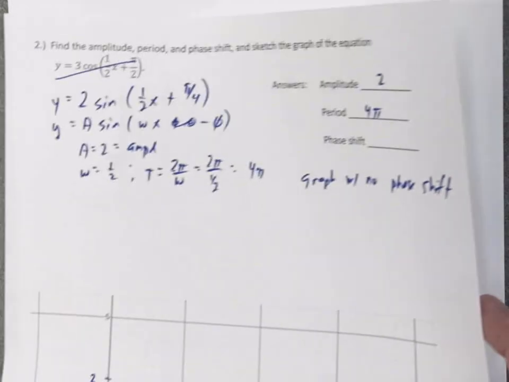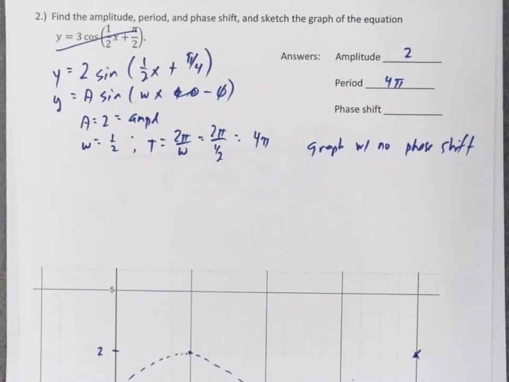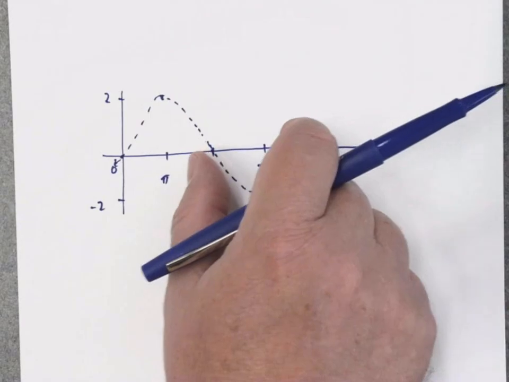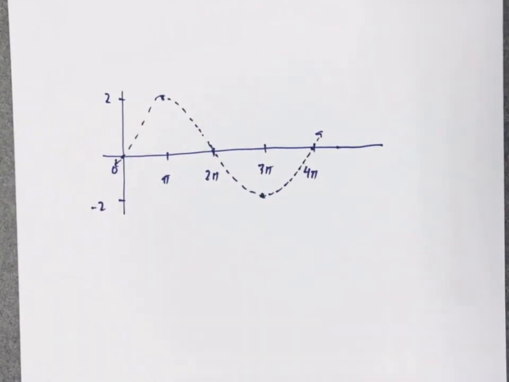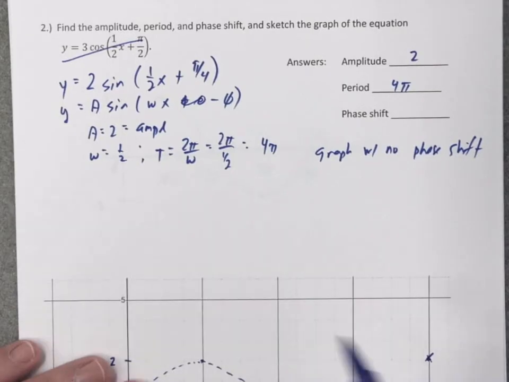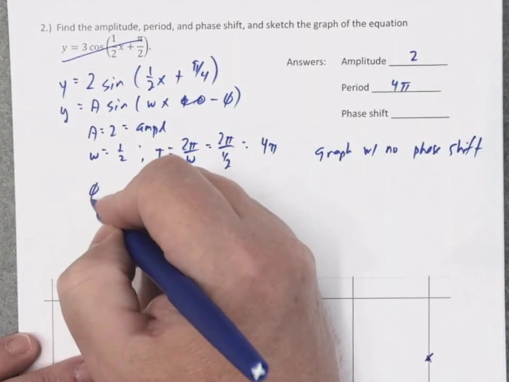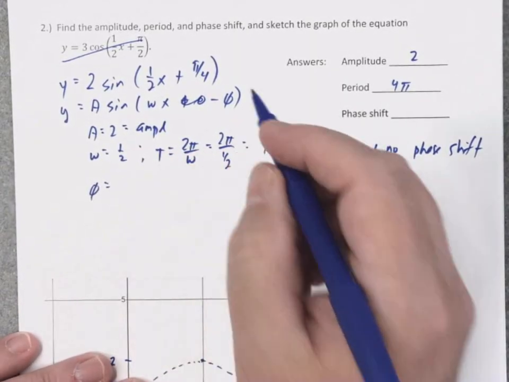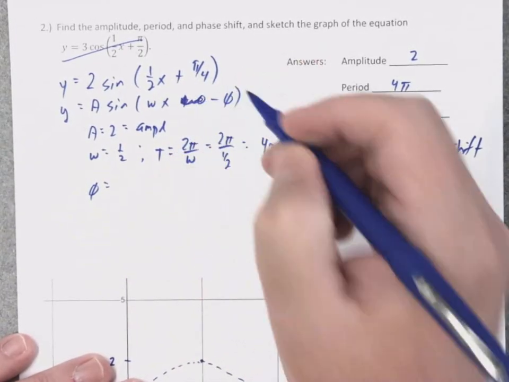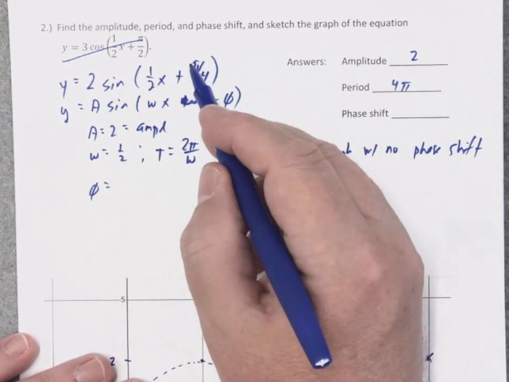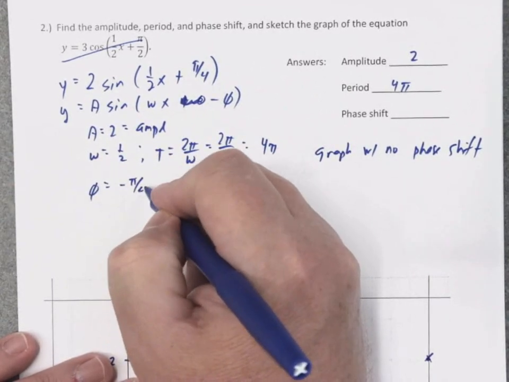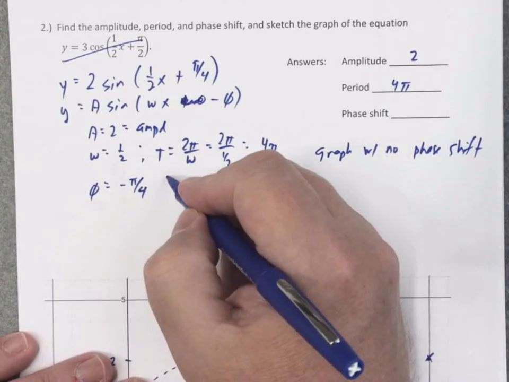Now, let's go figure out what the phase shift is going to be. And once I figure out the phase shift, then I will shift this graph to include the phase shift. So the phase shift is based upon knowing phi. This is a little tricky, but we've done this before. Since this is a positive pi over 4, actually phi is negative pi over 4.